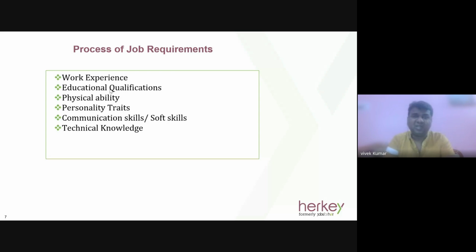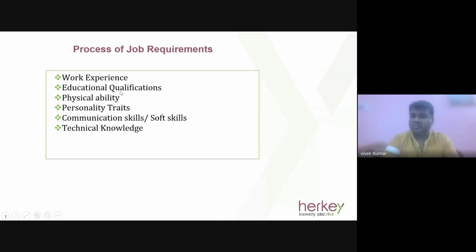But sometimes a very generic thing, as simple as any graduate or any postgraduate is good enough. Again, it depends on whether there's a relatedness between the educational qualification and the job requirement. Okay. Plus, you can also highlight other things, like there could be some important certifications, there could be some important training and all.